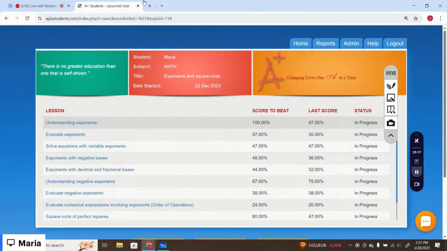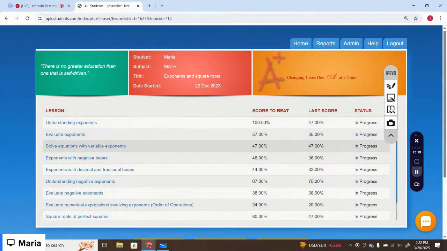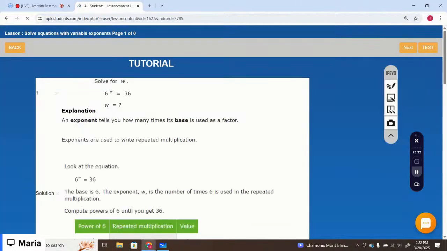The next lesson is solve equations with variable exponents. Solve for W. 6 exponent W equals 36.